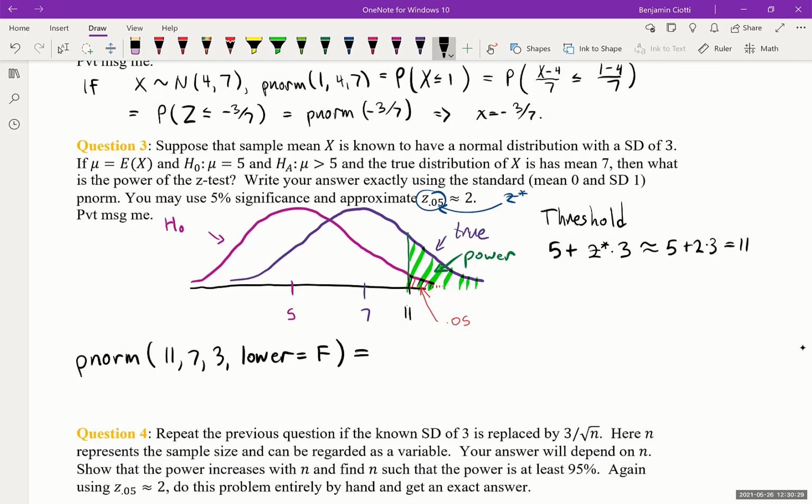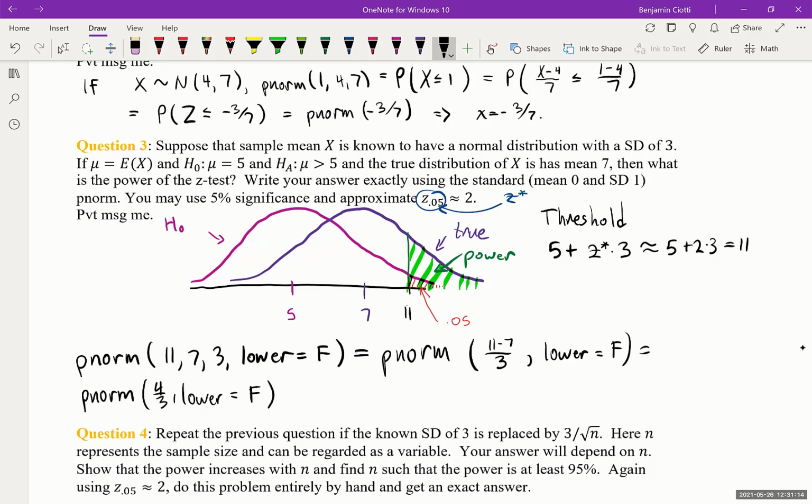But if I want to standardize that, I'll subtract 7 and divide by 3. I guess I don't even need to write 0 and 1. So is that 4/3? So yeah, I could write it as P norm of 4/3 lower equals false.